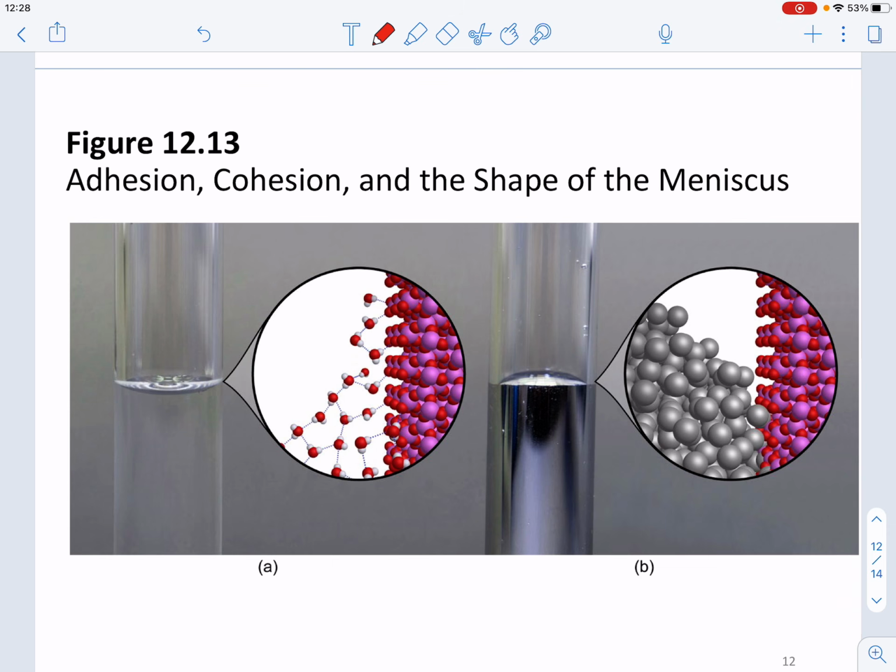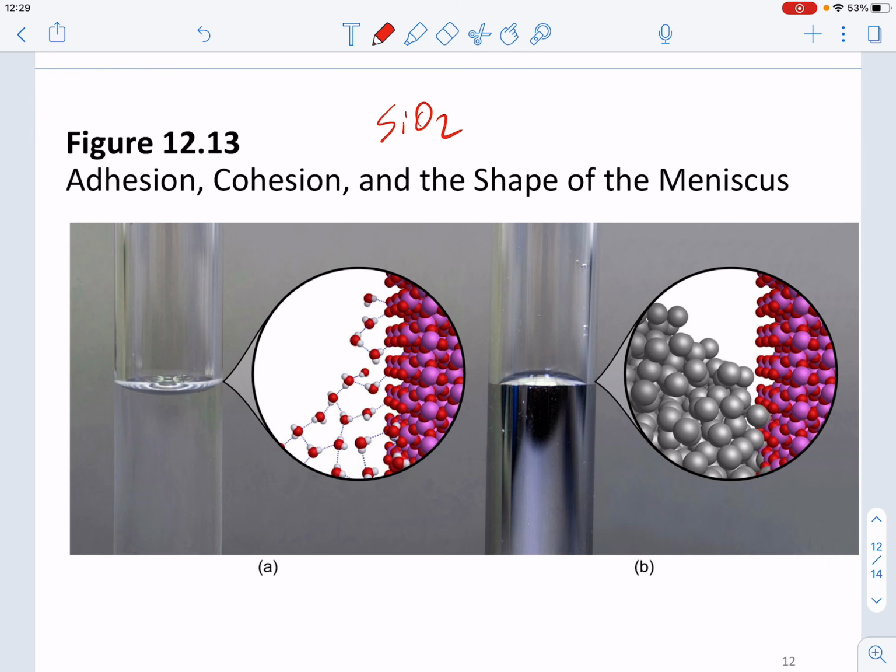So in this particular case, glass is made of silicon dioxide in essence, so to speak. And silicon dioxide is SiO2, right? So we have a bunch of oxygens there.